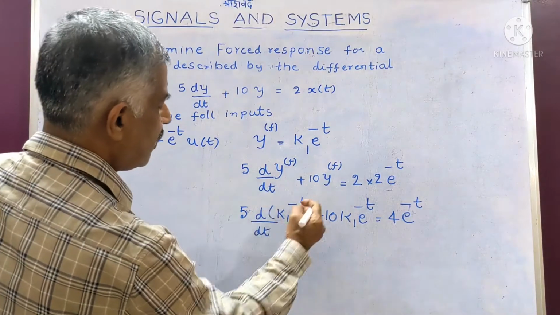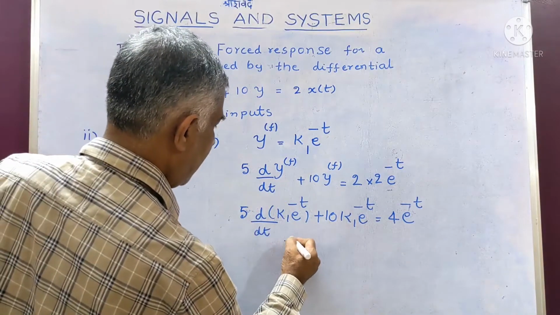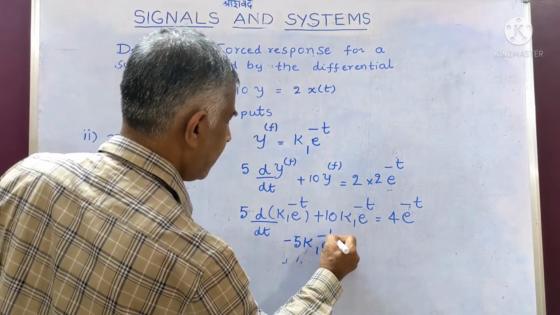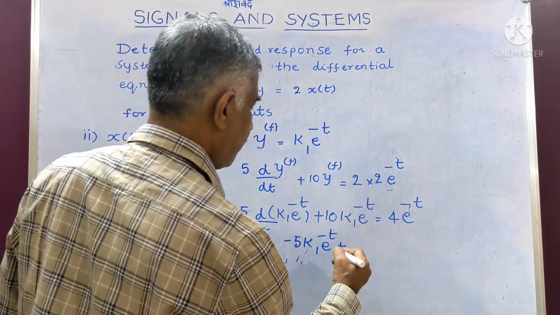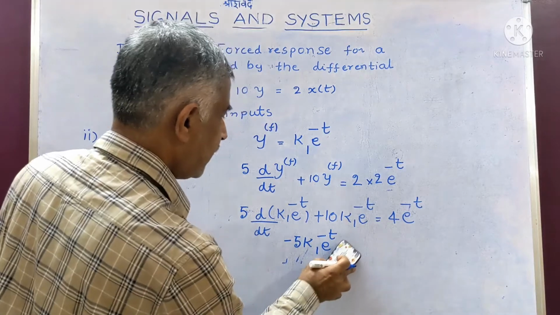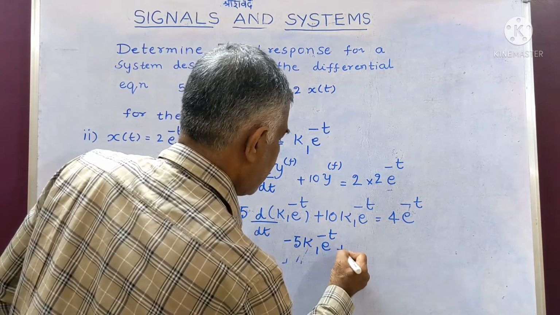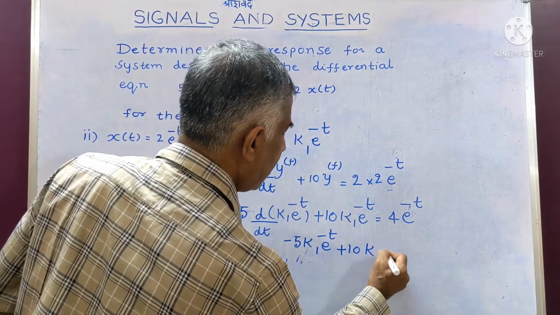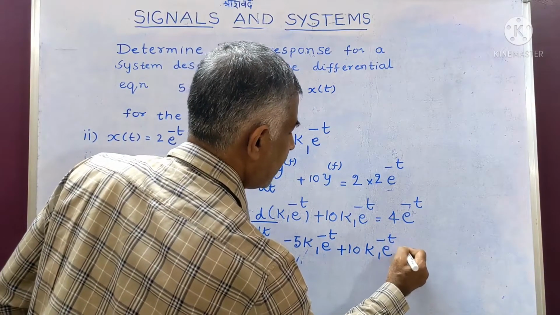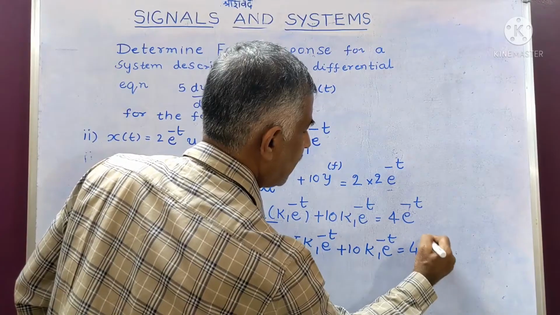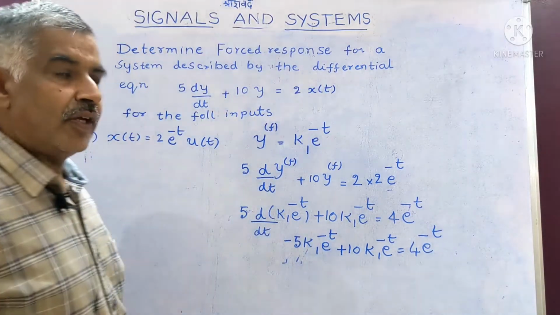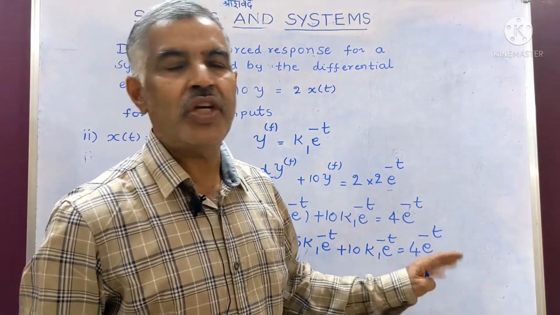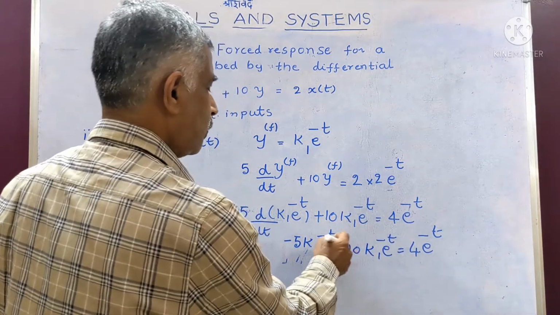Differentiation of this gives minus 5 k1 e power minus t, then plus 10 k1 e power minus t, because there is no derivative here, equal to 4 e power minus t. See, on both sides there is an exponential term.